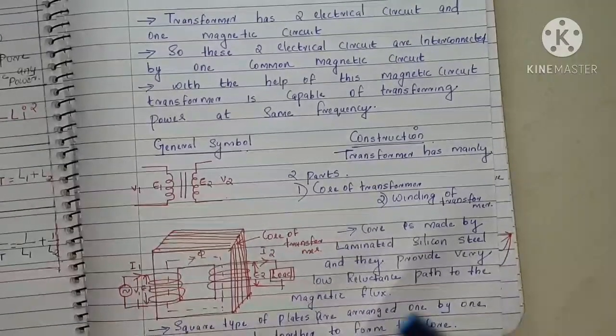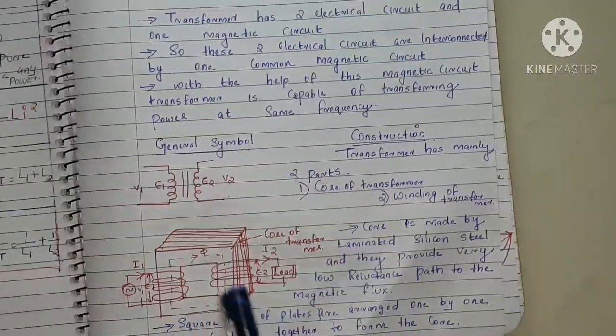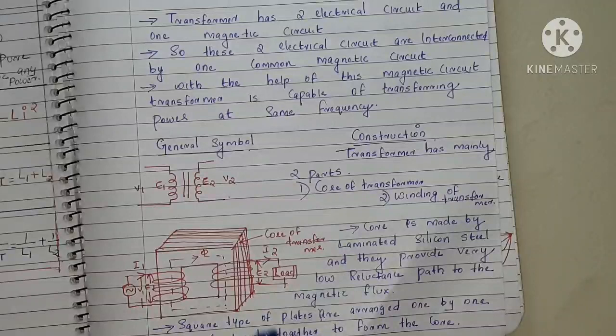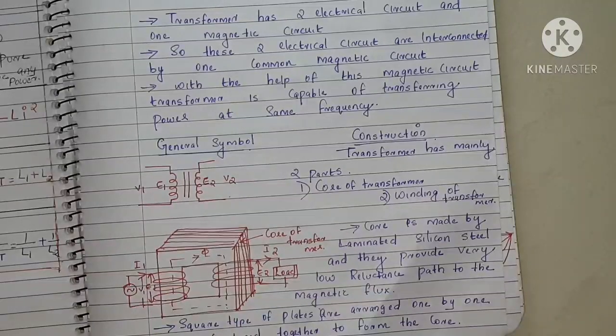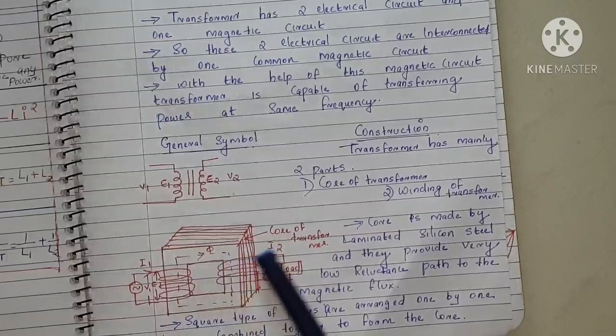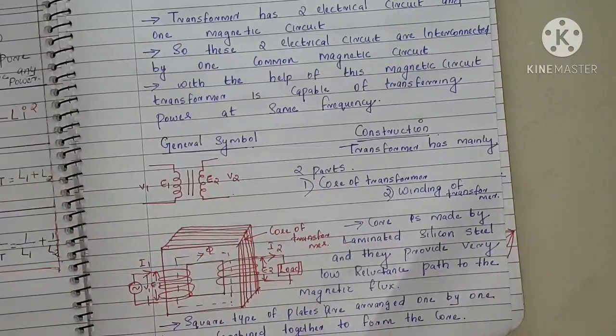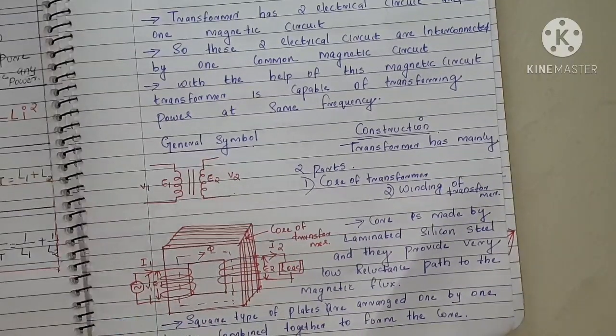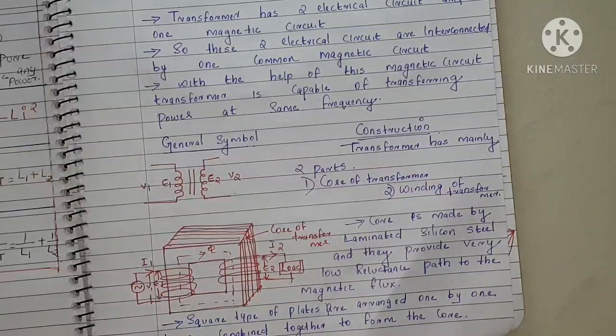At the same time, another copper wire is wound onto the construction to form the secondary winding, from where the output is taken, that is, the load is connected. The winding where the load is connected is known as the secondary winding, and the winding where the supply is connected is known as the primary coil or primary winding.